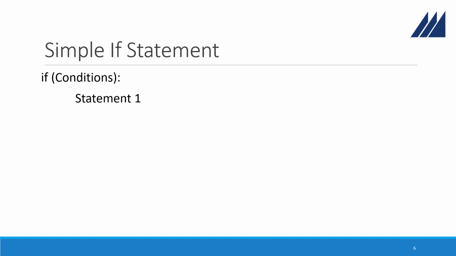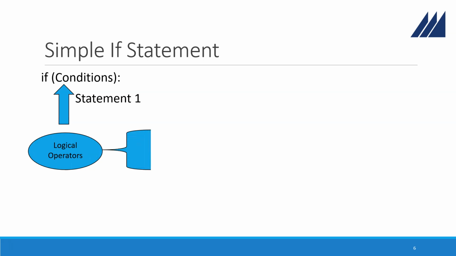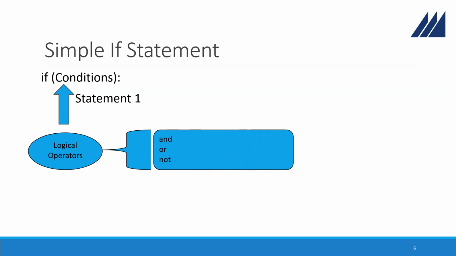In if statements, we saw before, we have only one condition or one expression. What if I want to have more than one? Very simple. I can have as many conditions as I want, but I have to link them with some type of logical operators, which we saw in the previous slide. These are either and, or, and you can use not.